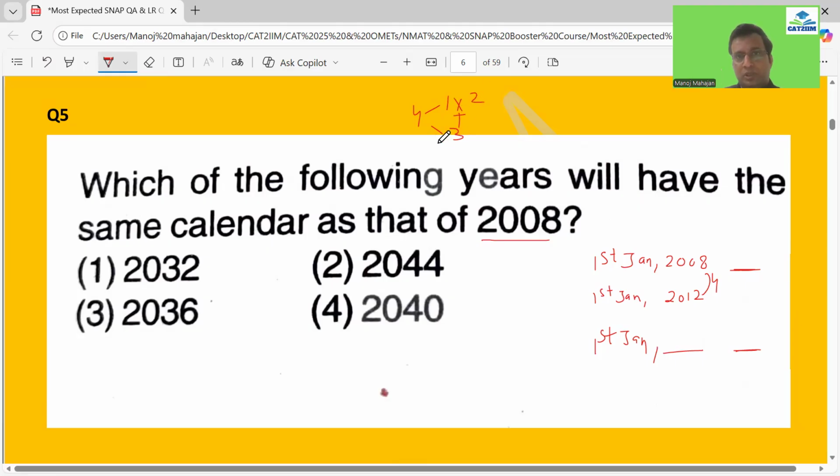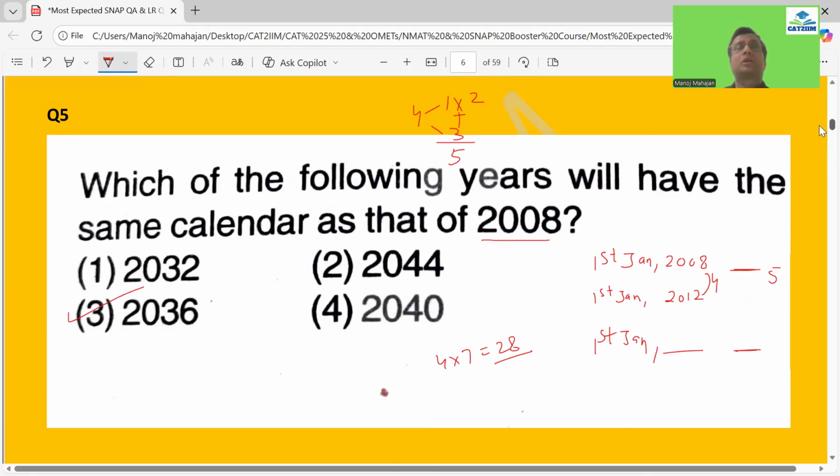So in total, that is 5. Can I say for 4 years, there are 5 extra days? Again, the next 4 years, 5 extra days. So how many times do I need to add 5 to become a multiple of 7? I need to keep adding 4, 7 times. So in total, I need to add 4 into 7, 28 years. You add 2008 and 28, and I would get 2036. So that would be my right answer.